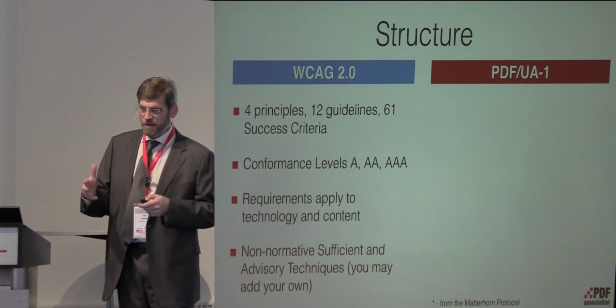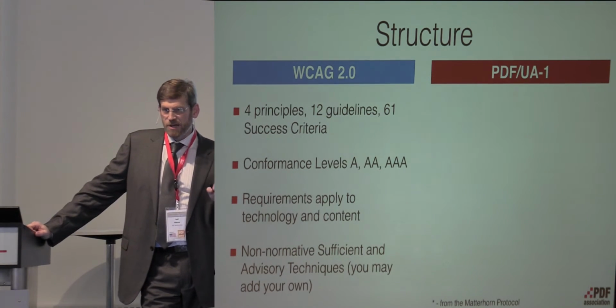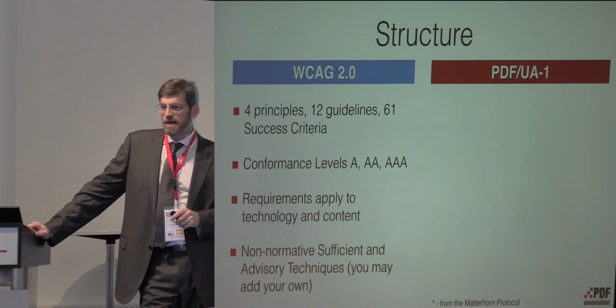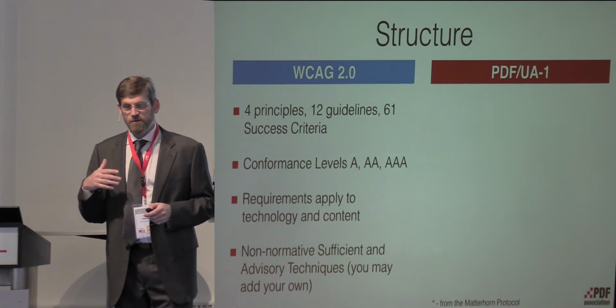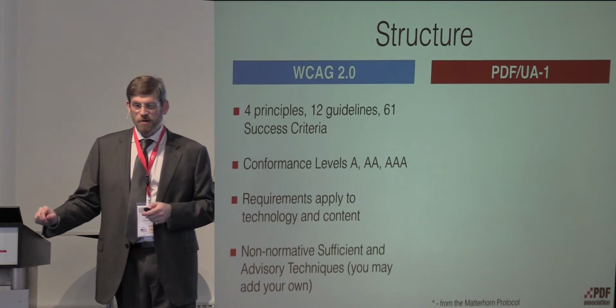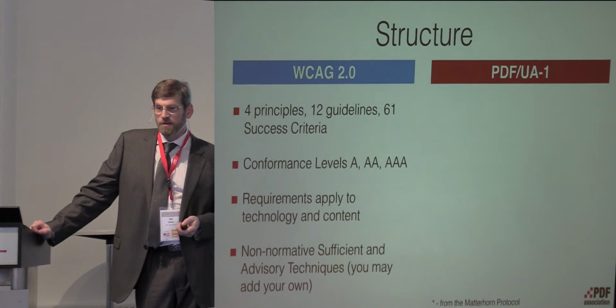The third level, level AAA of conformance, goes beyond the actual technical organization and structure of the document and covers a lot of content-related areas. It is a very, very high level of conformance, requiring things such as simpler text and so on.